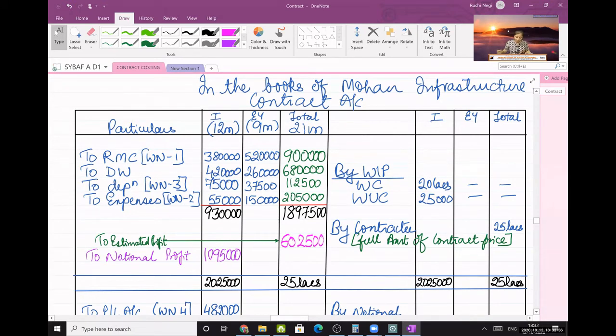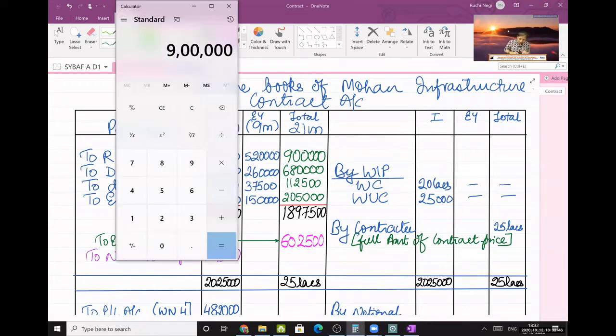Now, total column. The credit side is 25 lakhs. See the debit side. 9 lakhs plus 6 lakh 80 plus 11 lakh 12,500 plus 2 lakh 5,000.